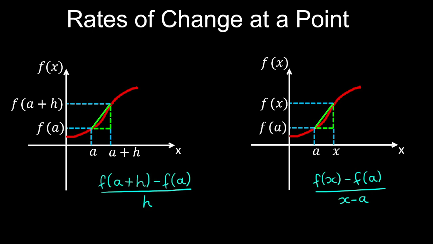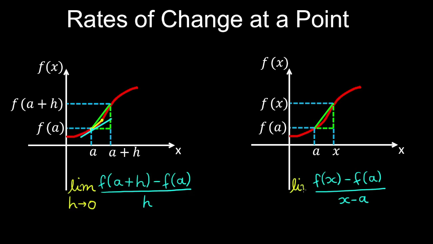And from the average rate of change, we can obtain the instantaneous rate of change at x equals a by taking the limit as h approaches 0. So as h gets smaller and smaller, we get a better approximation to the slope of the tangent to the curve at a. And basically the tangent touches the curve only once at a.